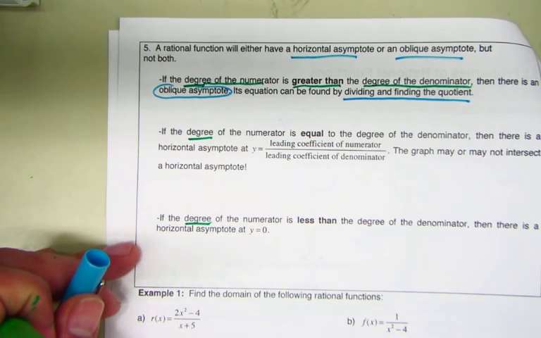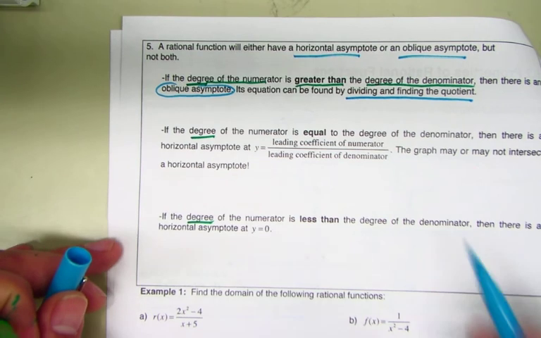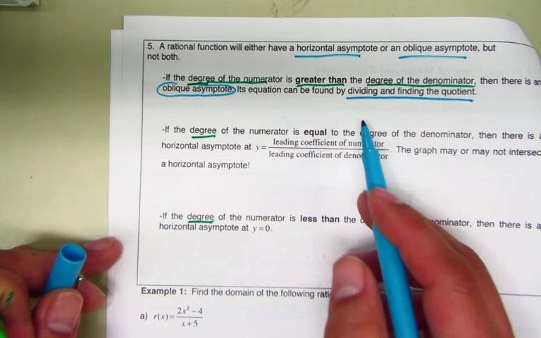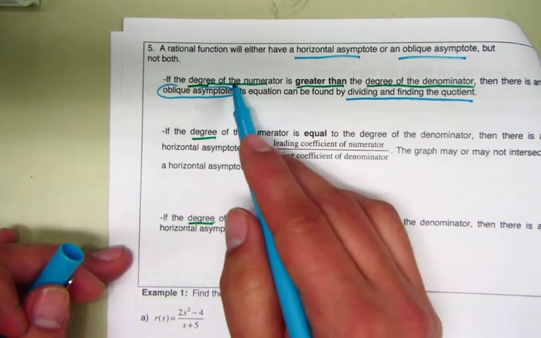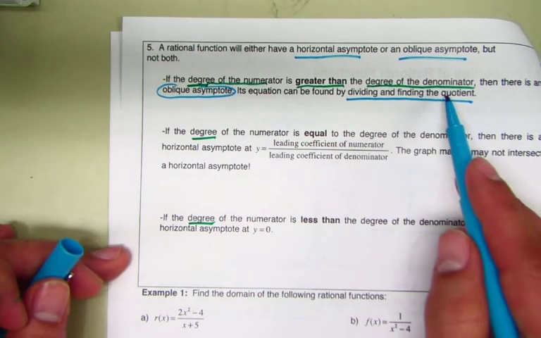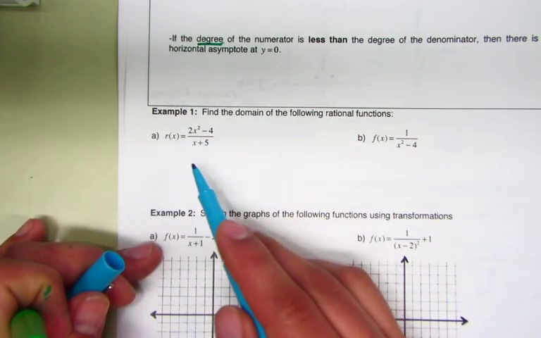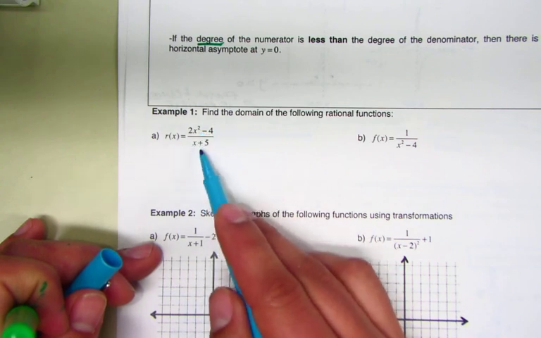We've actually done that. Remember the synthetic division with the P's and Q's that we did? We're not going to do P's and Q's anymore, but we would still do synthetic division potentially to figure out the asymptote. That's if the degree of the numerator is bigger than the degree of the denominator. So this one that we were looking at would be an example of when there would be an oblique asymptote, potentially. Degree 2, degree 1.